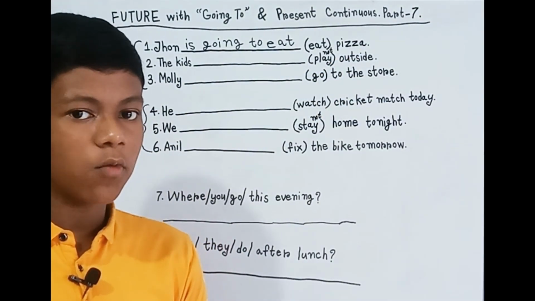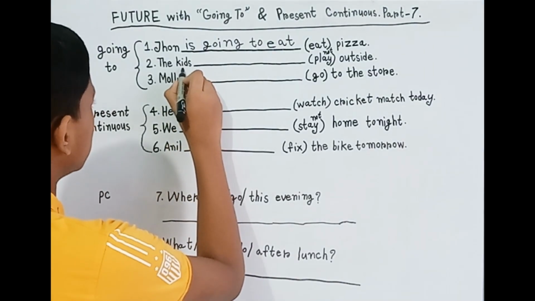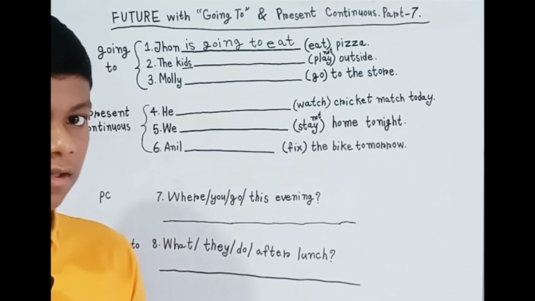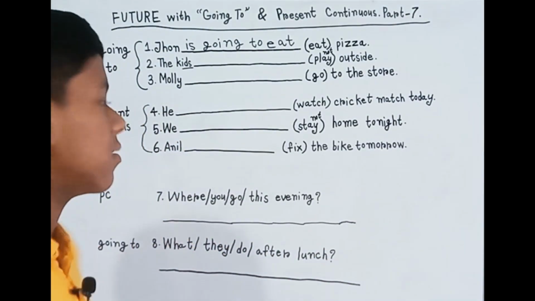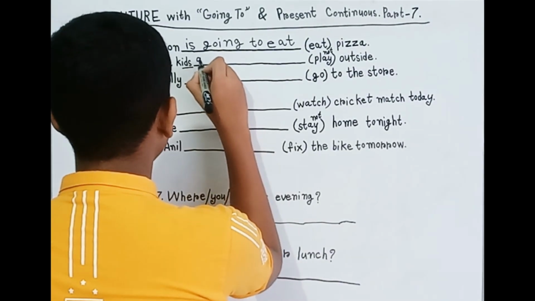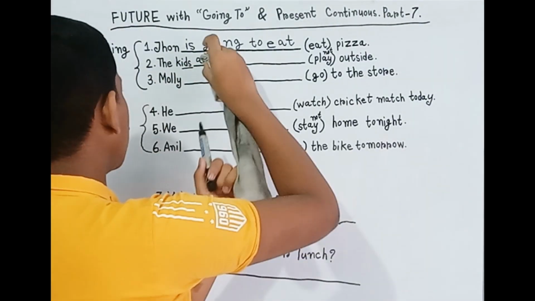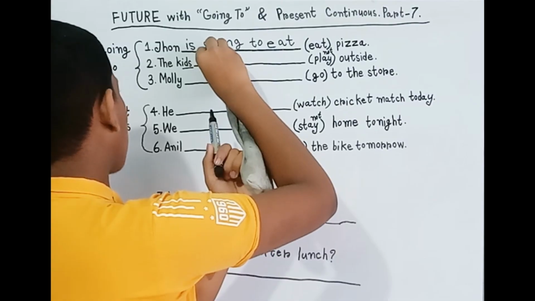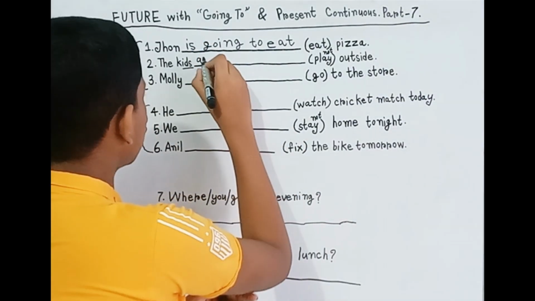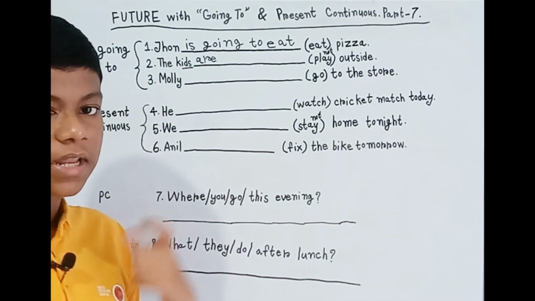The kids blank not play outside. We have to add what? Are. Why? Because kids, okay, kids means so many kids, so many children, not one kid, more than one. So here we can add are. The kids are. But what else can I do?